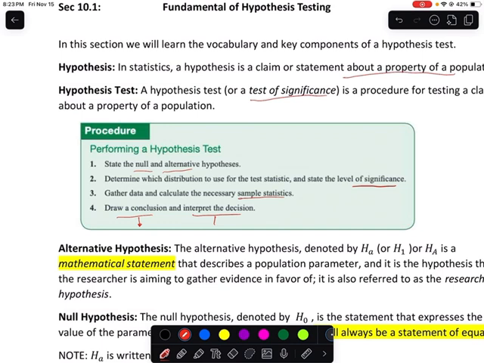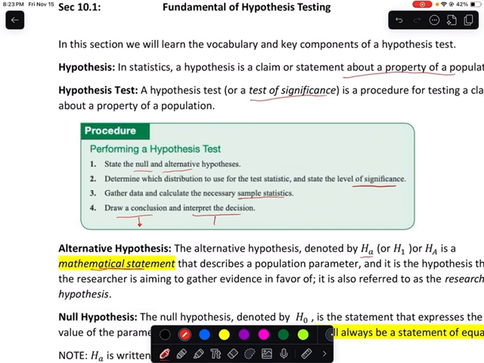Okay, we will start with the definition of the alternative hypothesis. The alternative hypothesis is denoted by H sub A, uppercase H and lowercase a, or sometimes we refer to it as H1, or in some books it is uppercase A. It is a mathematical statement, not in words.